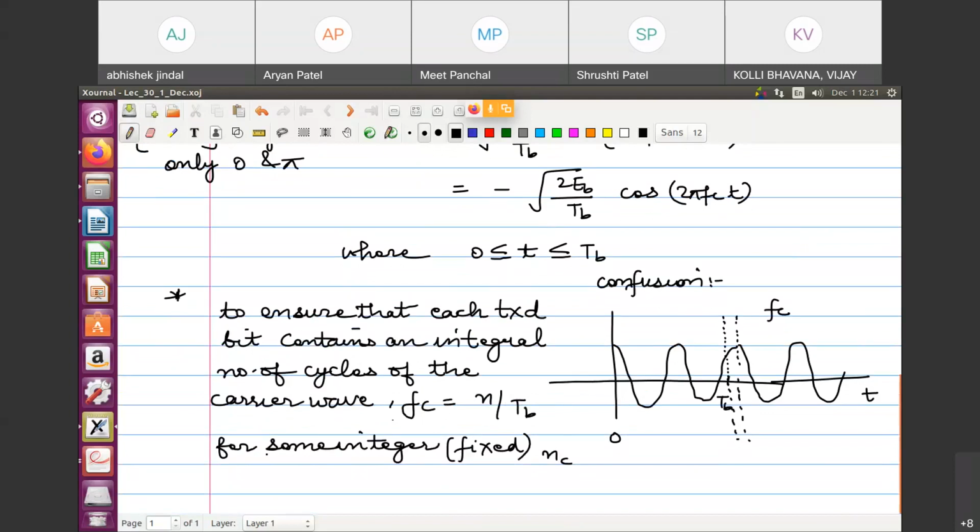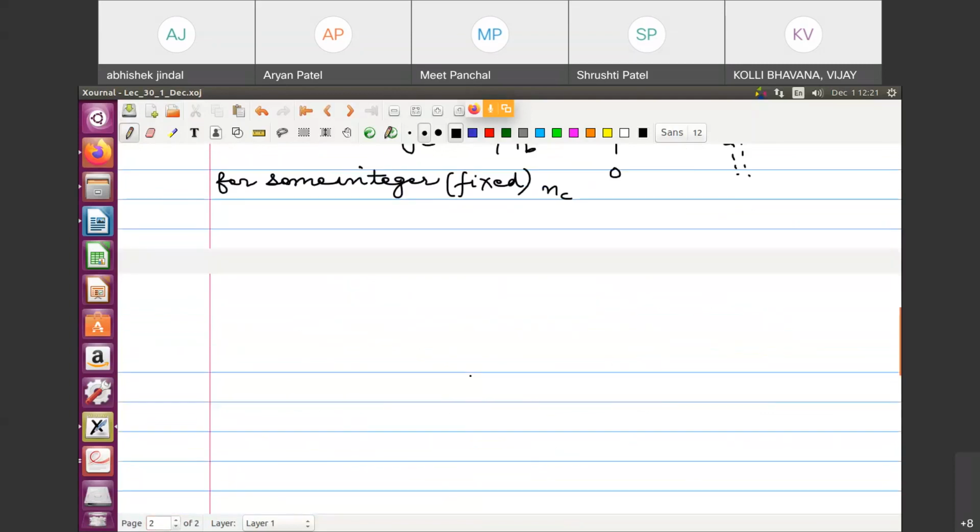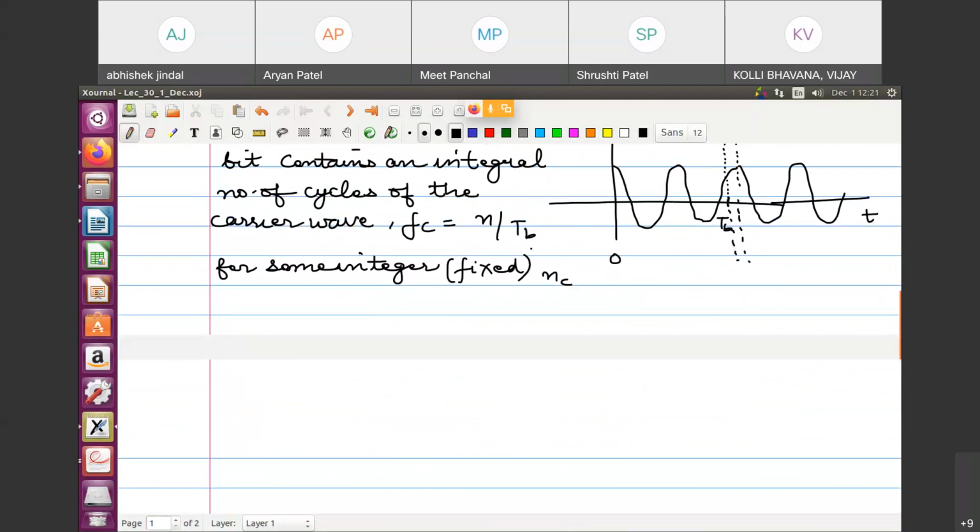So let us see what it really leads to. Let us check whether what we have mentioned in the figure is right or not. Let us replace fc with n upon Tb, and study what will happen if you terminate the waveform at Tb.